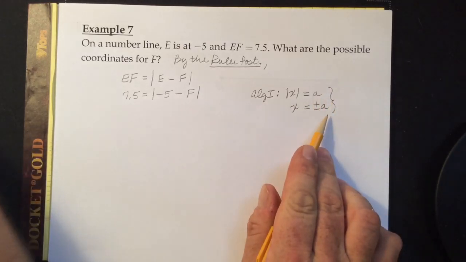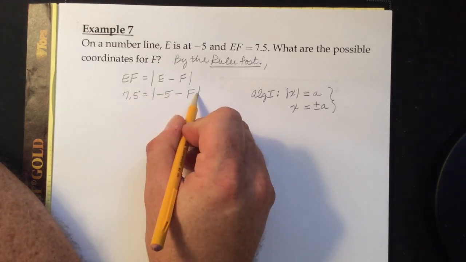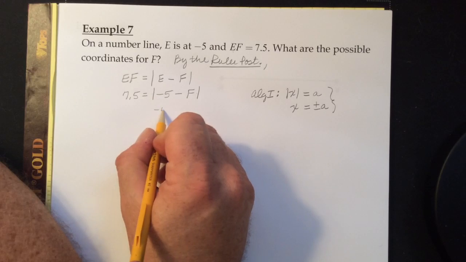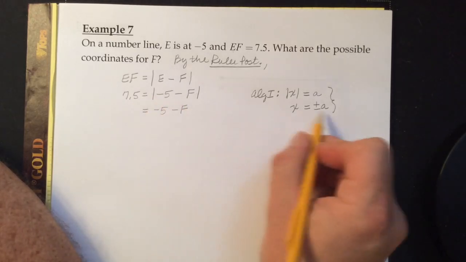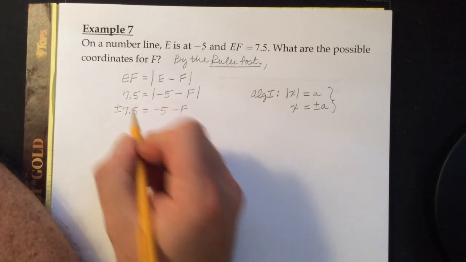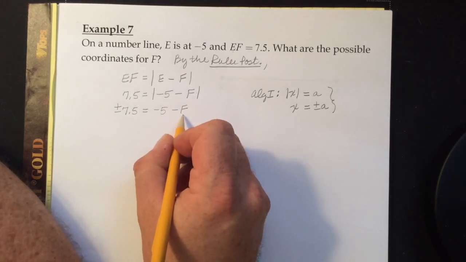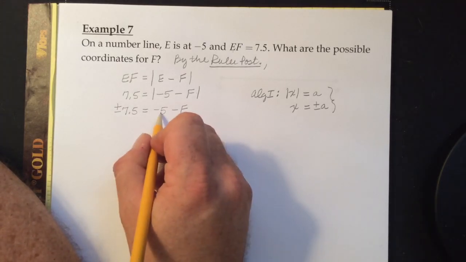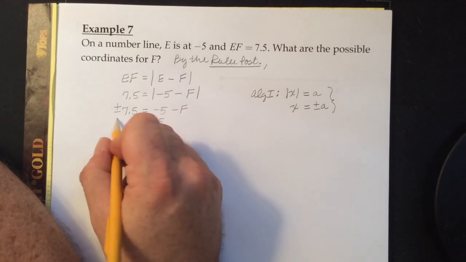So using that rule, we drop the absolute values here, and now we have -5 minus f, and what it equals is plus or minus 7.5, either the positive case or the negative case. Now we have to solve for f. To do that, we need to get rid of the -5, which means we add 5 to both sides.